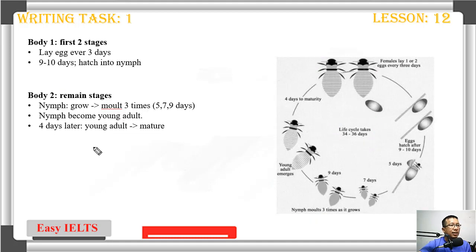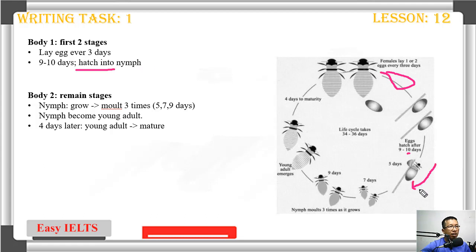Okay, so now we go into outlining our body 1, body 2. For body 1, we can talk about the first 2 stages, and for body 2, we talk about the remaining stages. Okay, body 1, we talk about laying eggs over 3 days. Then it takes 9 to 10 days to hatch into a nymph.